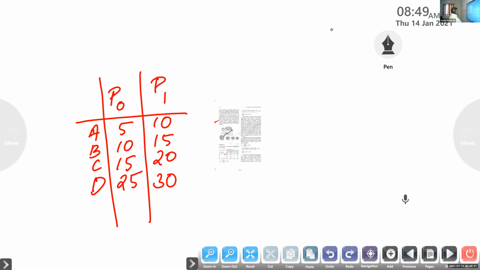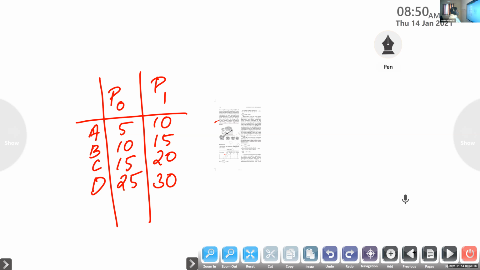And Joe, please check whether any calculation error is there or not. So let me check it. Karthik, one more time you check your calculation.